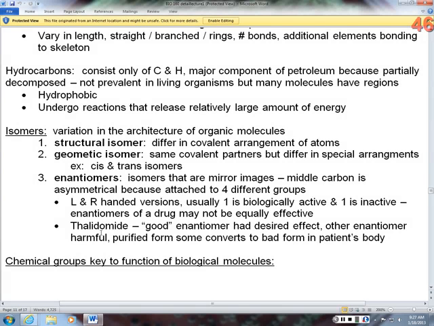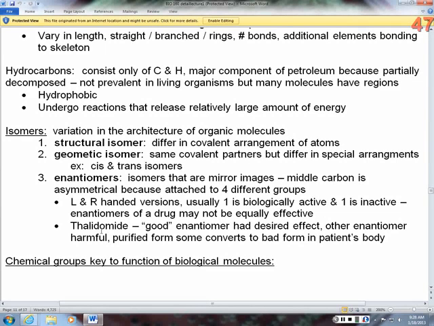Right now, this one we would say is cis because the 2 fluorines are next to each other. If we arrange it like this, now it's trans because they're opposite of each other.